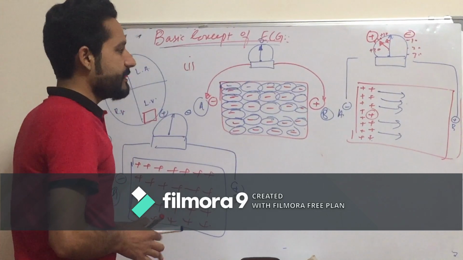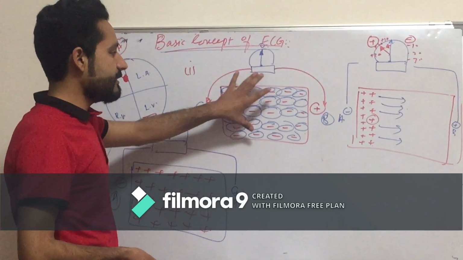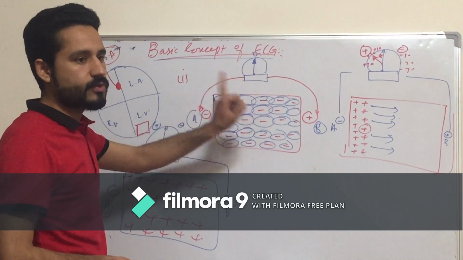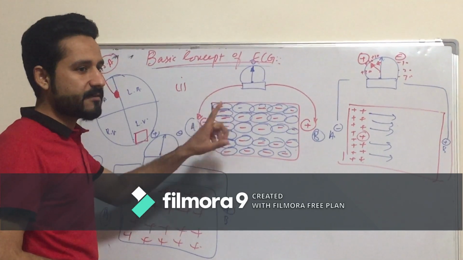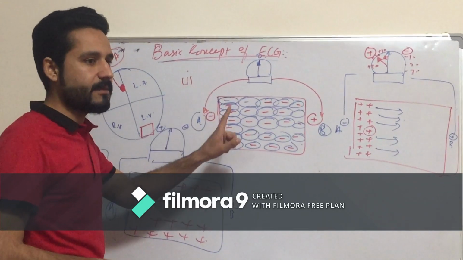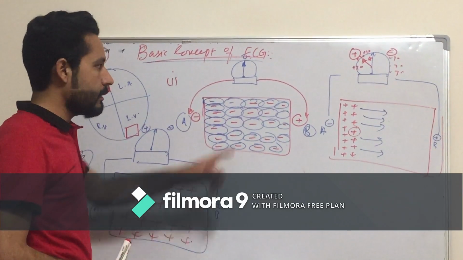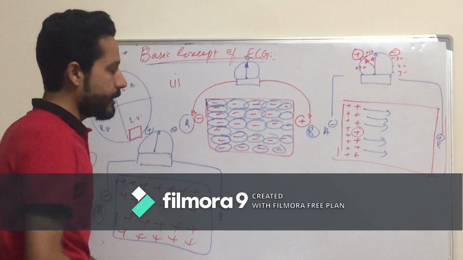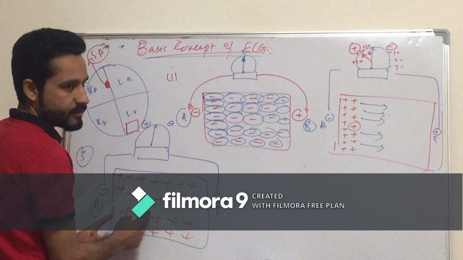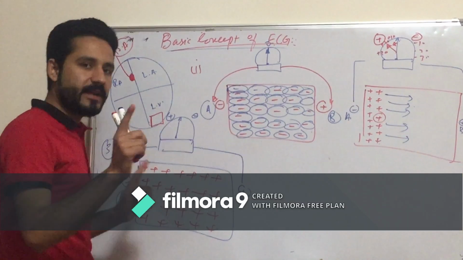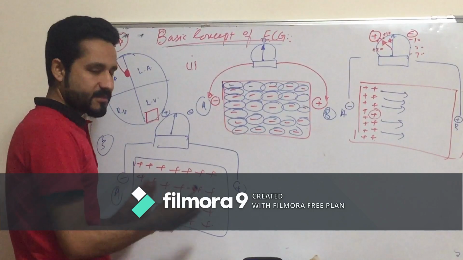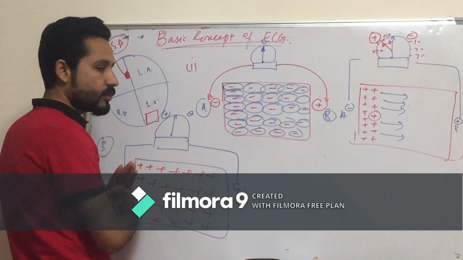As we have already studied, in the first case all the intracellular environment is most electronegative. So because of the same charge, there is no action potential. There is no deflection in the needle of the galvanometer. The same is the case when the myocardium is completely depolarized: there is also the same positive charge, so there is no electric current.